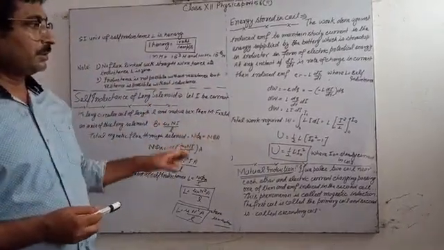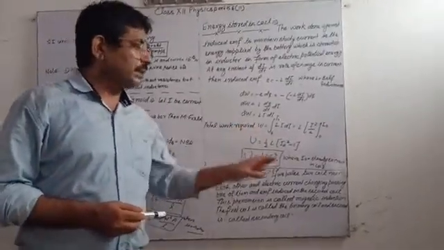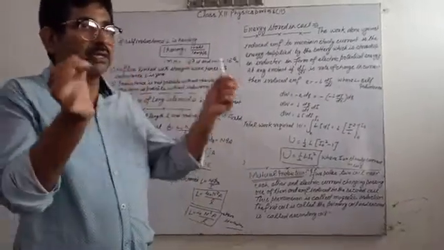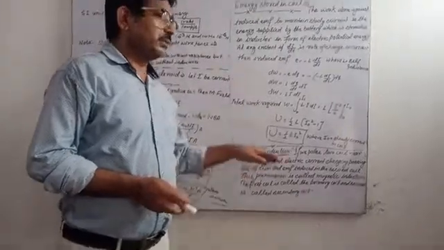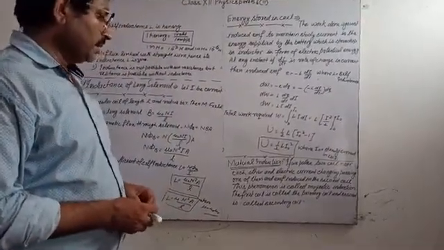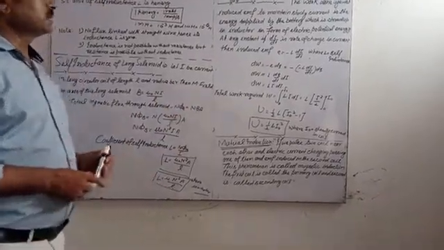Due to this change in flux, an induced EMF is produced along the ends of the secondary coil.